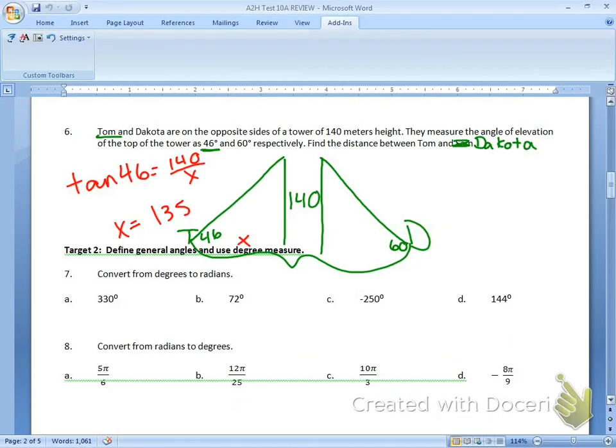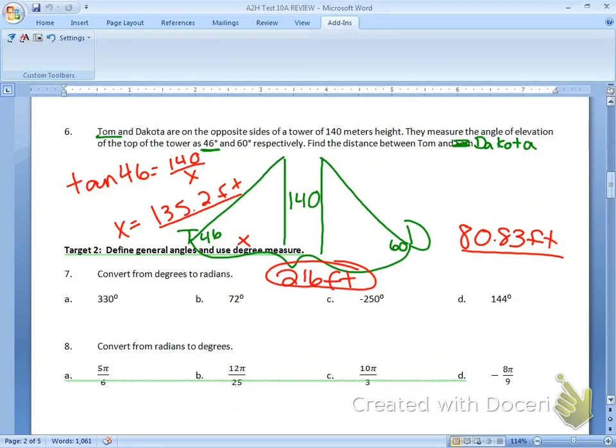We're going to do the exact same thing for Dakota. We're going to get that Dakota's is 80.83 feet. So you add those together, the 135.2 and the 80.83, to get the distance across to be 216 feet. And that is your answer.